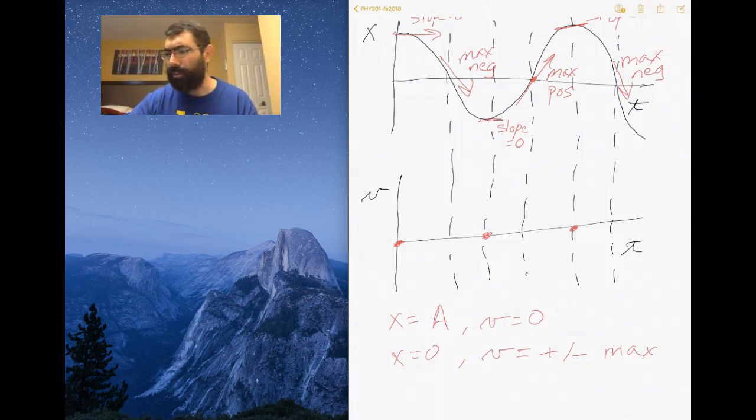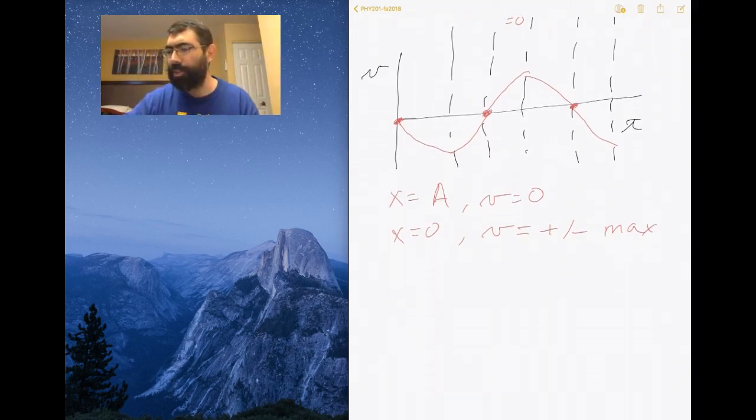Okay, so that means I start at 0, I've got negative maximum, back to 0, positive maximum, back to 0, negative maximum. So if I look at this function here, when t is equal to 0, then v should also be equal to 0.